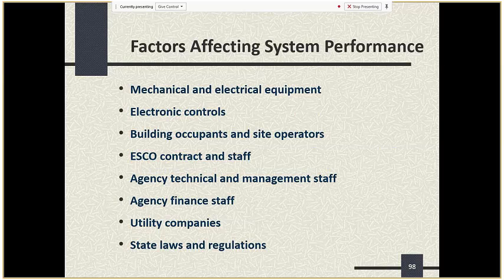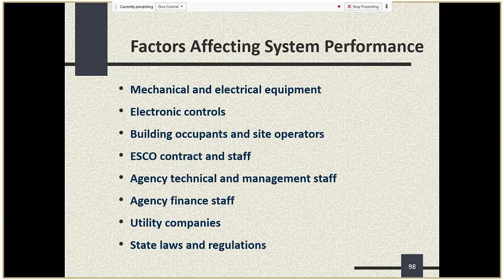If these are field controls, like some of the dedicated lighting controls, are they functioning properly? Building occupants and site operators make a difference in terms of their behavior because they can interact with equipment. It's not only the load that their body imposes, but also their behavior vis-a-vis specific pieces of equipment that can impact the consumption of various energy systems.